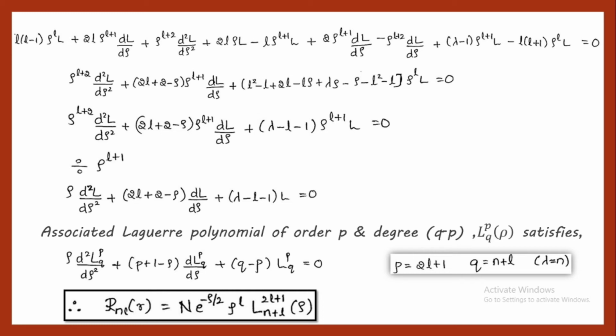So the same thing we have substituted with a constant N, because we know that any function you take, it has to be a wave function, then it has to be normalized. So N is going to be the normalization constant here, and this is the final equation for the radial wave function corresponding to a hydrogen-like atom.